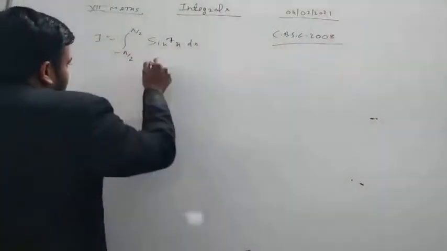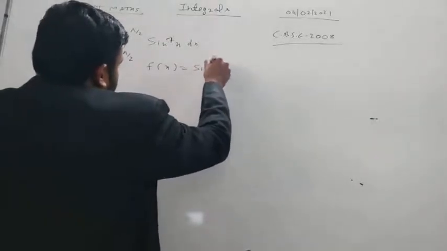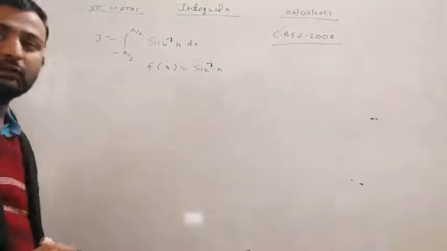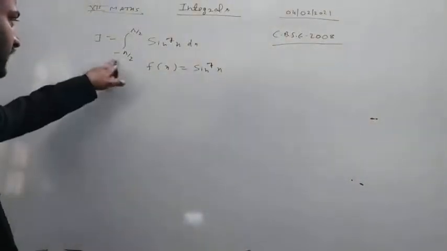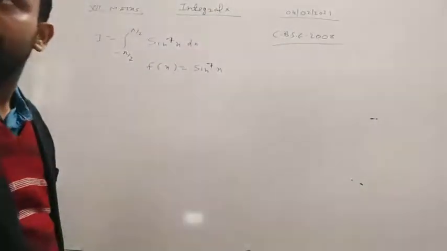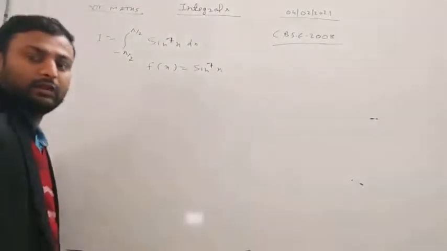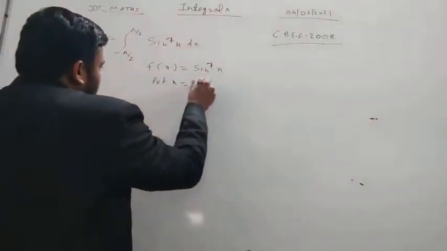Okay students, so we see that our f(x) is sin^7 x. Okay, so students, we will check if this is an even function, then our limit minus a to a changes to 2 times 0 to a of f(x) dx. If it is an odd function, then its value will be equal to 0. Okay, so put x is equal to minus x.